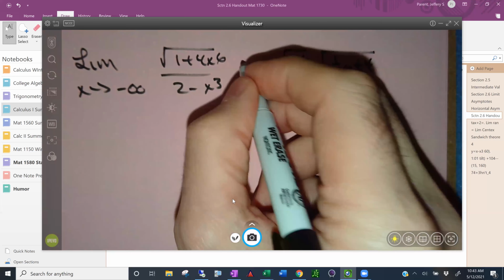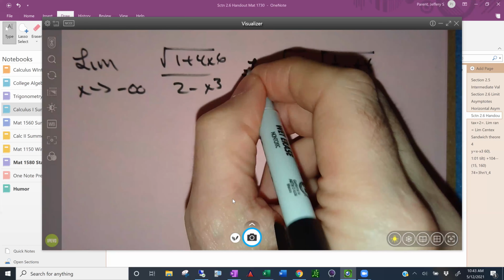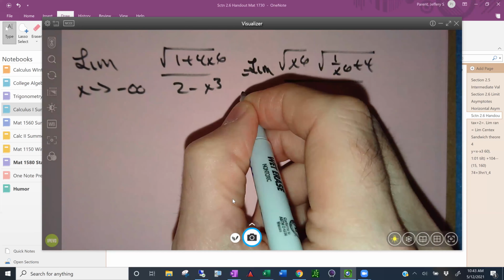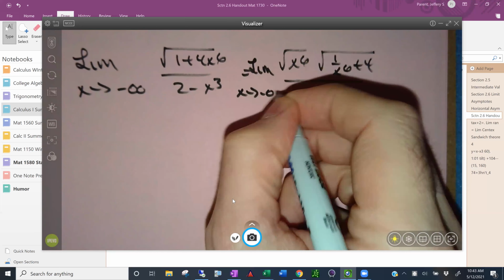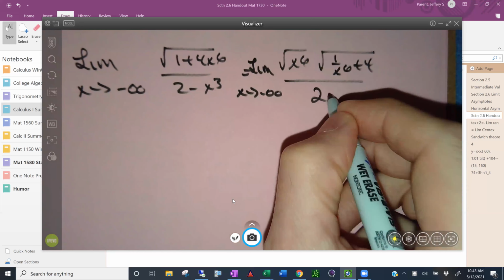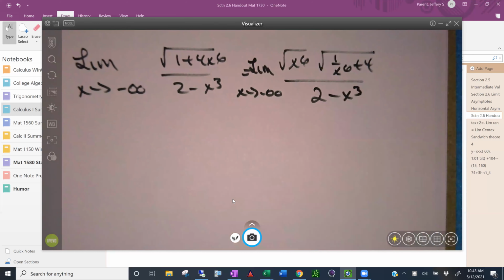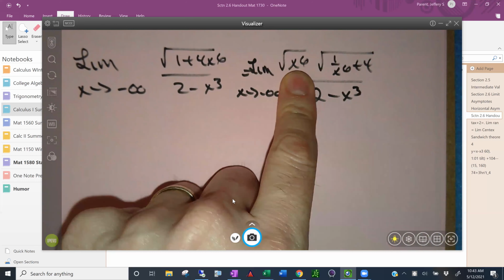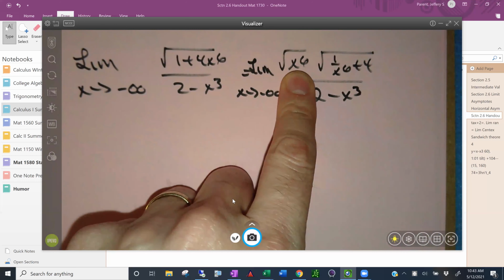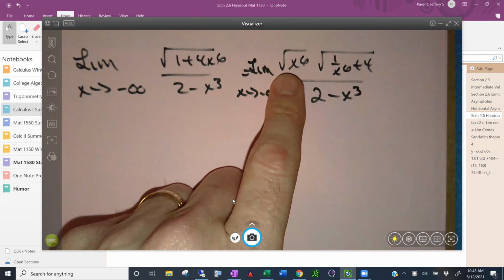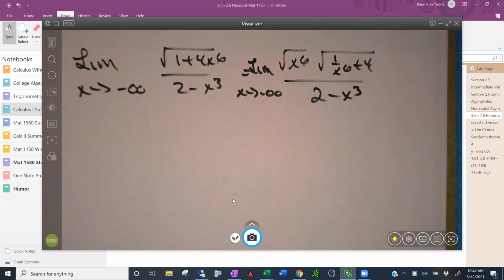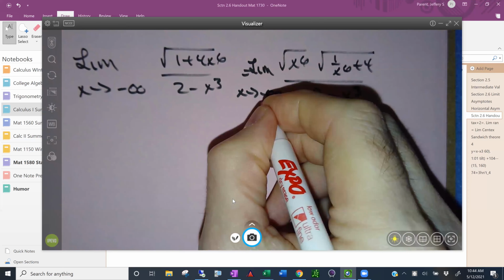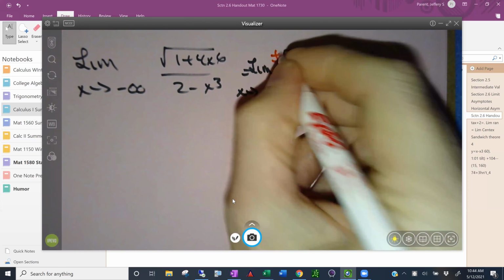I kind of left myself short on room here. Limit as x approaches negative infinity. Square root of x to the 6 is going to be an x to the third term. But because we're going towards negative infinity, you want to choose the negative root.